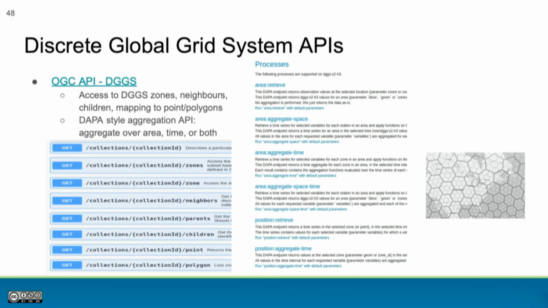So it allows you to do queries just based on those relationships and not having to do geospatial operations. And so using this as a framework, you can run processes that explore your data in this space. So we can see some of those kinds of things, retrieving data, doing aggregates and so on, using the DGGS framework.